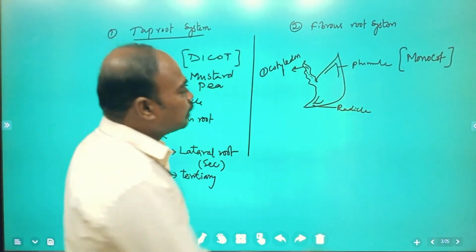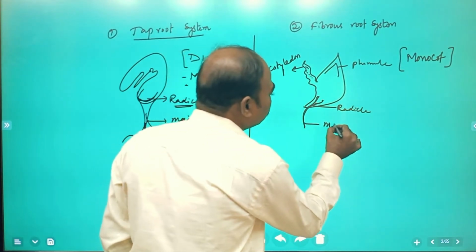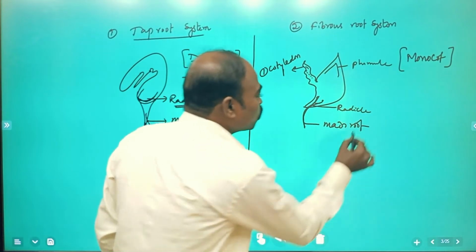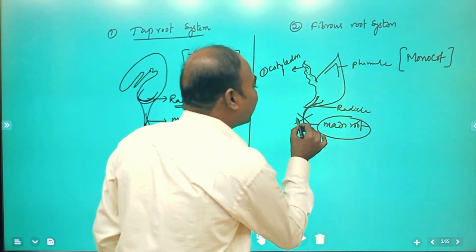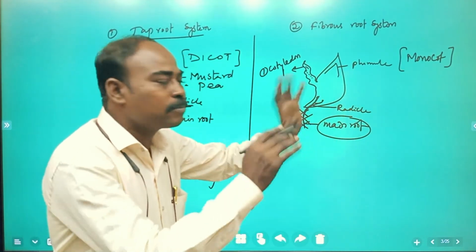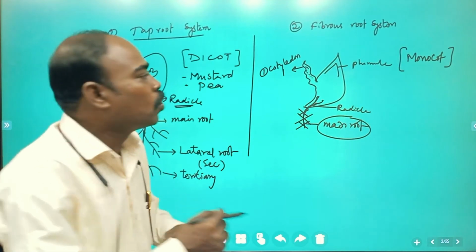In these plants, the radicle grows and elongates and produces the main root. But this main root soon disintegrates. After a certain time, the main root becomes disintegrated or destroyed in these plants.